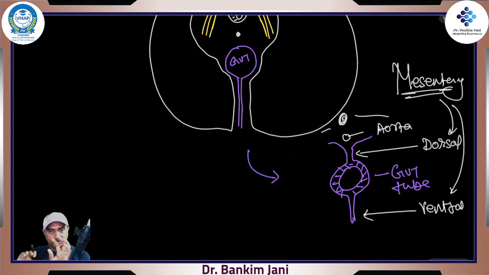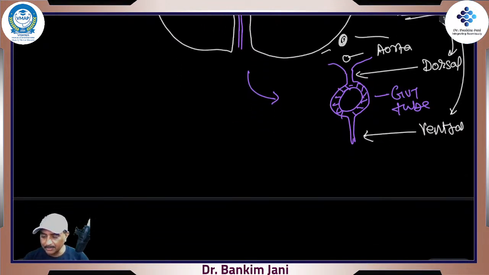Because this gut tube will then start rotating, and when it rotates, that will lead to formation of the entire GIT in all of its shape, right? And then where is that umbilical cord? Well, that umbilical cord is after this. This is the covering, and then comes the umbilical cord.